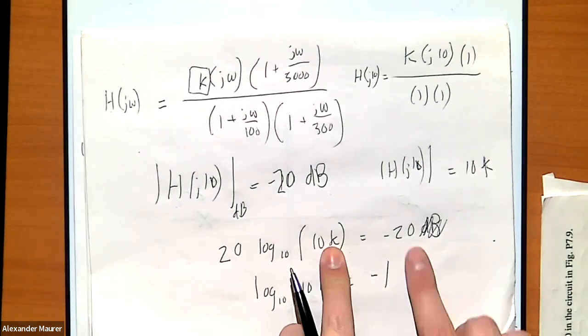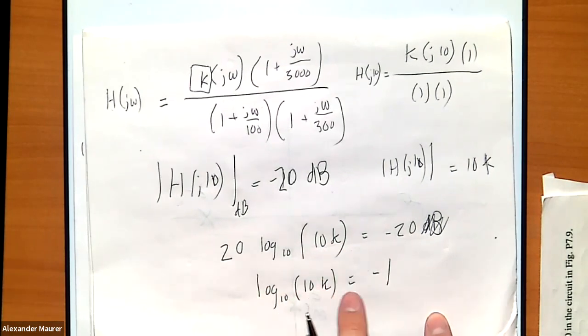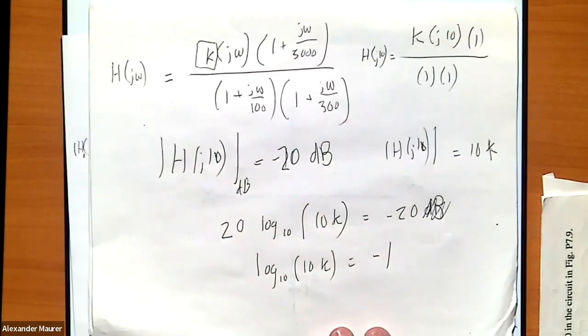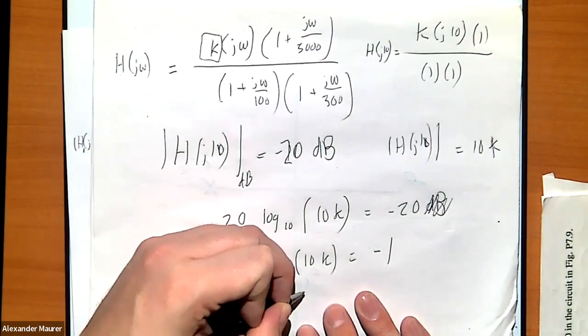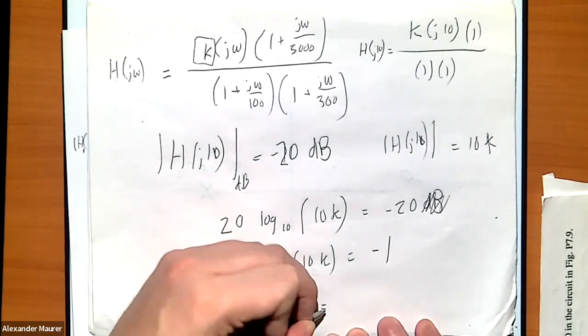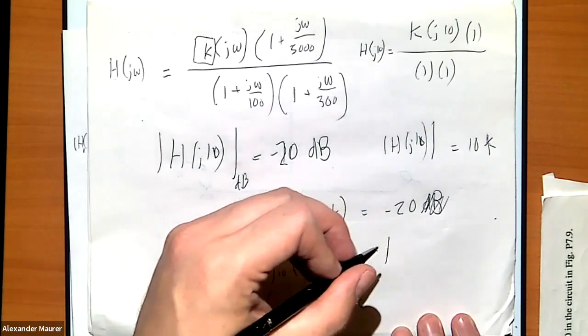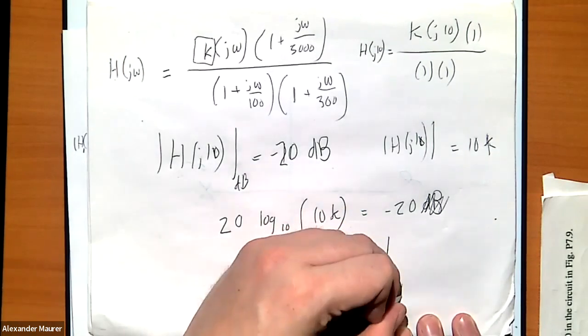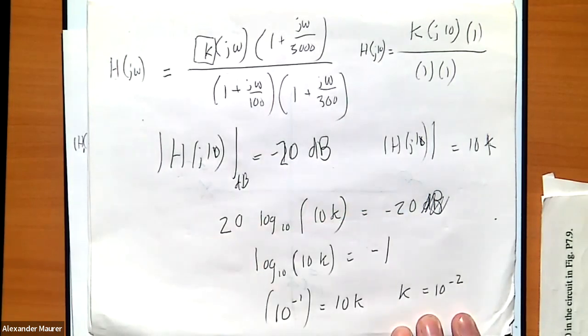But set this equal to the minus 20, divide the 20 over. So log base 10 of 10K is -1. Log properties tell us that 10 to the -1 power must be equal to 10K. 10 to the -1 is 1/10. And then we divide the 10 over, therefore K must be equal to 10 to the -2.